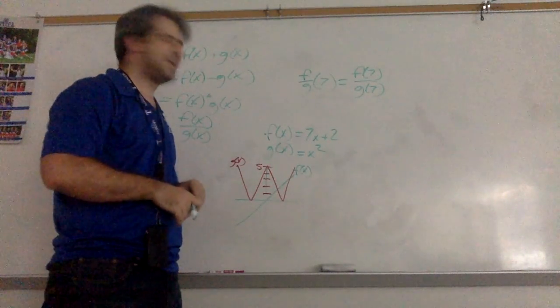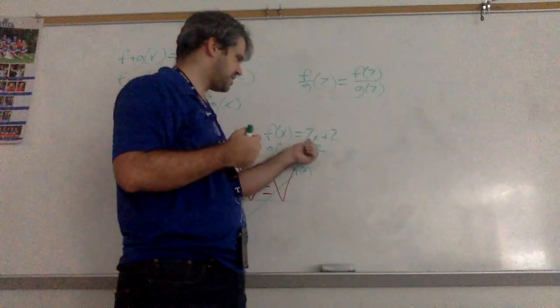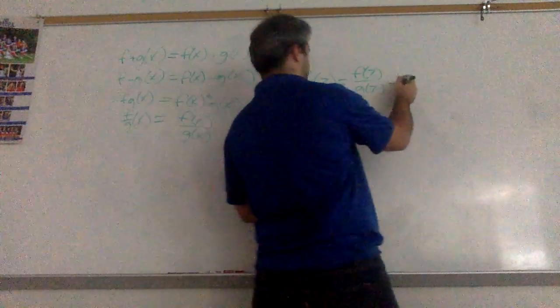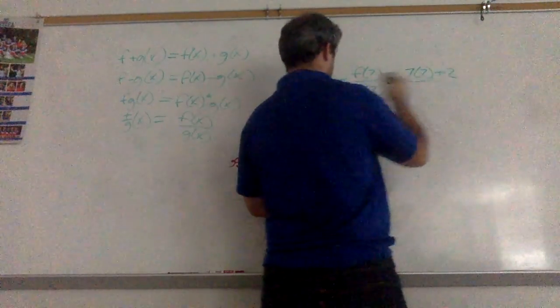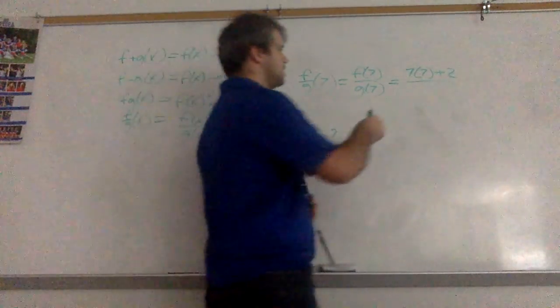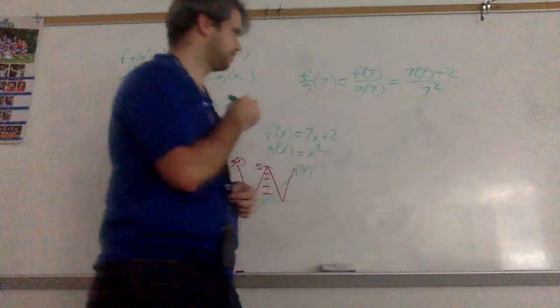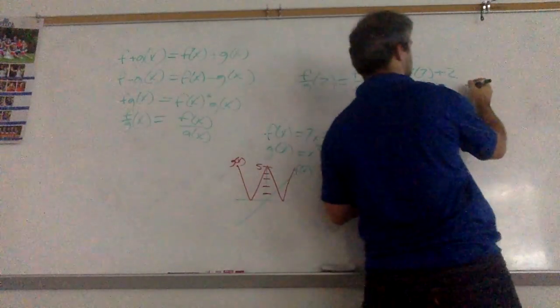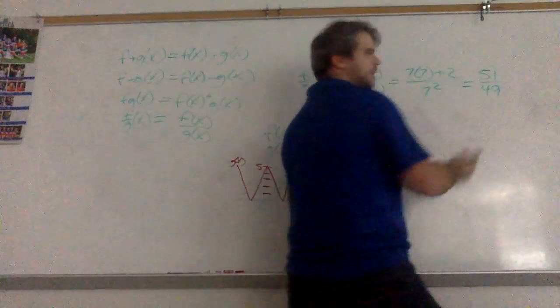Okay? Now, all that is, f of x is 7x plus 2, so we just need to plug in 7 there. So 7 times 7 plus 2 divided by g of x, so x squared, so 7 squared. So this is going to be 49 plus 2, 51 over 49.